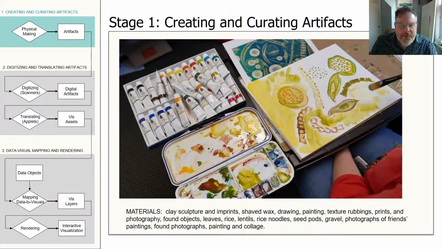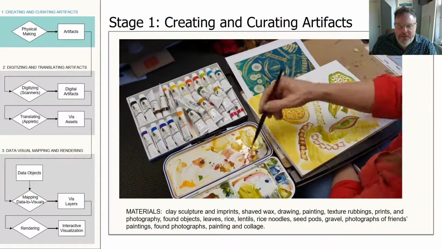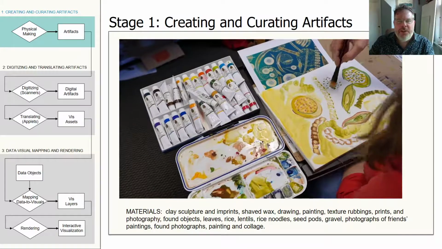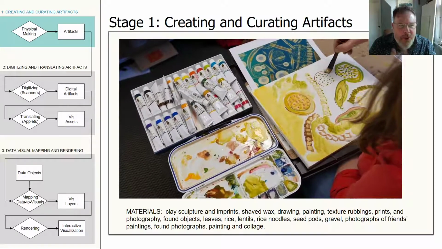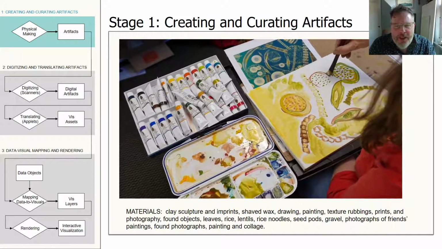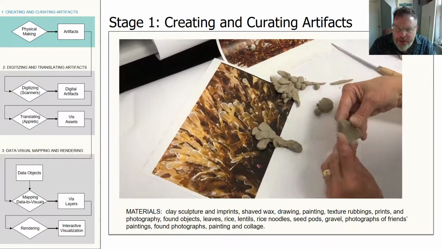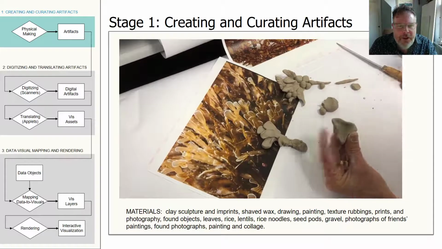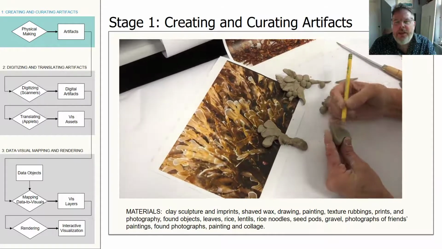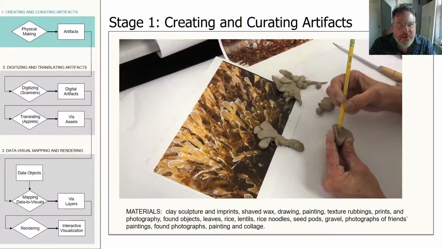What I want to do now is quickly go over the stages of this process we've developed. And step one, as I've alluded to, really comes down to getting in the studio, working with traditional tools, paint, clay, carving, thumb printing.